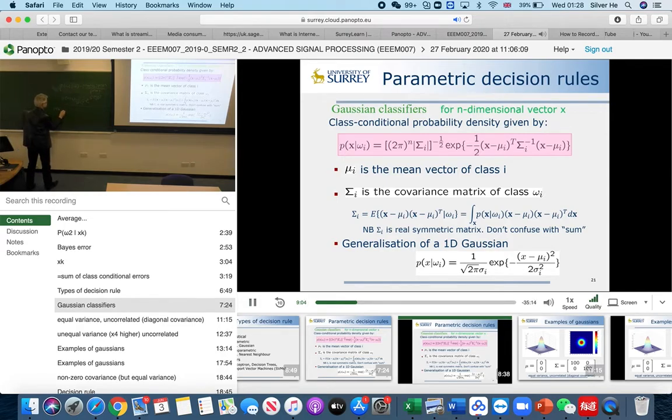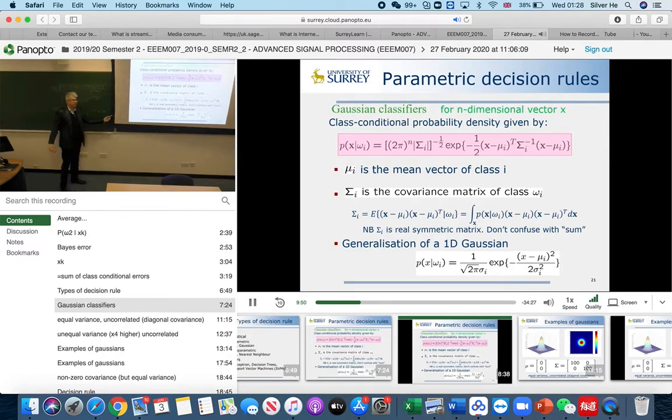So for this one, this is 1 over 2 pi to the n, and the determinant of sigma i, all square root, then e to the minus a half of x minus mu i transpose sigma to the minus 1 times x minus mu i.